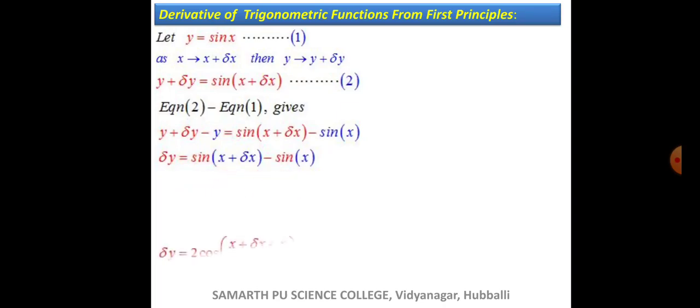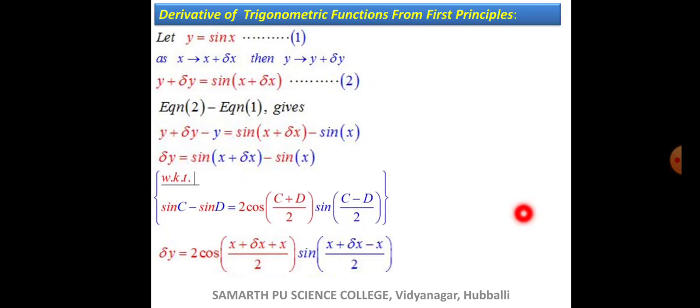This is nothing but delta y equal to 2 cos of x plus delta x plus x, whole divided by 2, into sin of x plus delta x minus x divided by 2. So in sin of x plus delta x minus sin x, we use a standard formula, that is sin c minus sin d equal to 2 cos of the sum of these two divided by 2, into sin of c minus d divided by 2.